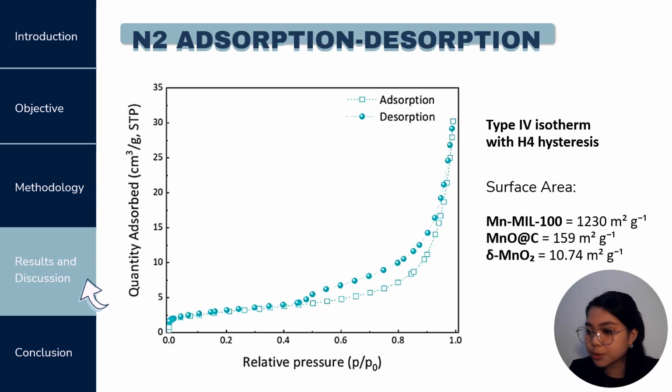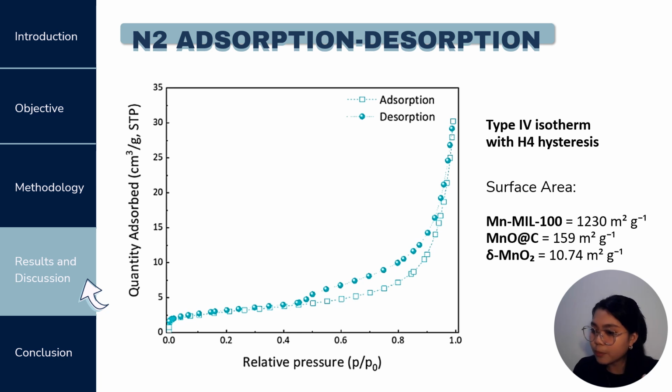And then for the nitrogen adsorption-desorption, we can see here that we have a type 4 isotherm with H hysteresis, which just means that the majority of our pores are mesoporous, which means that our pores span about 2 to 50 nanometers in diameter. We can also see that some of the pores are microporous, which means the diameter is about or less than 2 nanometers.